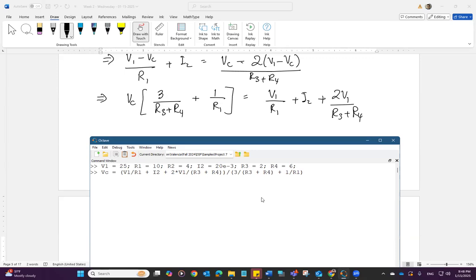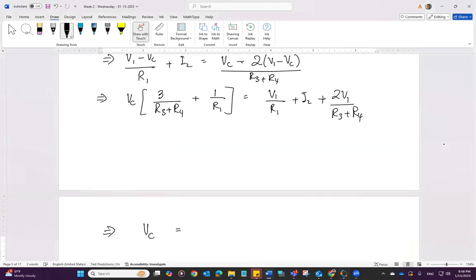Okay, that's correct. So 3 divided by R3 plus R4 plus 1 over R1, and V1 over R1 plus I2 plus 2V1 divided by R3 plus R4. You can put this in parentheses as well, it's the same thing though. 18.463. So VC is 18.463 volt.